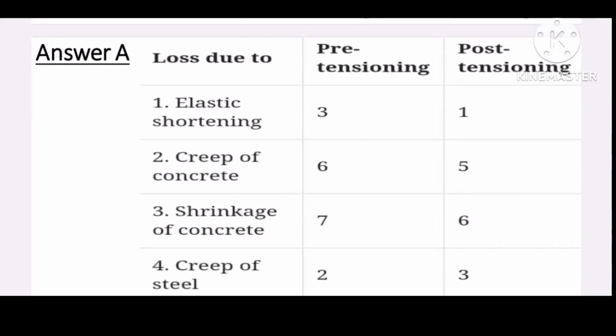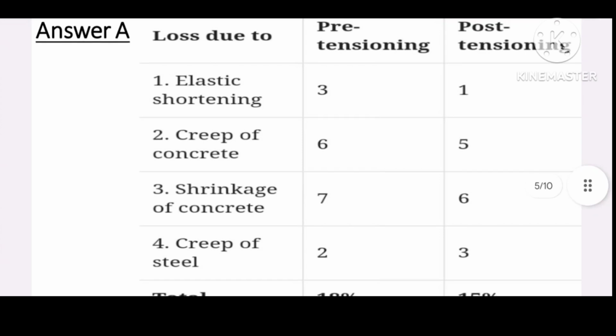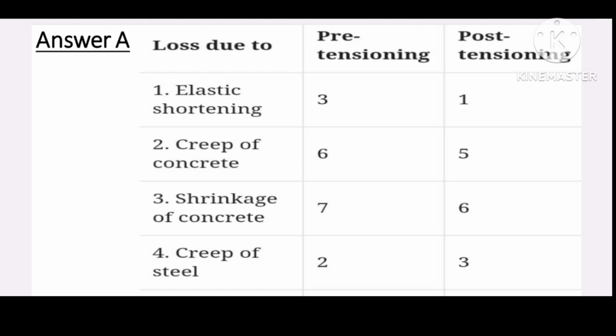Losses due to various terms are given, with corresponding pre-tensioning and post-tensioning values. First one, loss due to elastic shortening, pre-tensioning 3 and post-tensioning 1. Next is creep of concrete, pre-tensioning 6% and post-tensioning 5%.